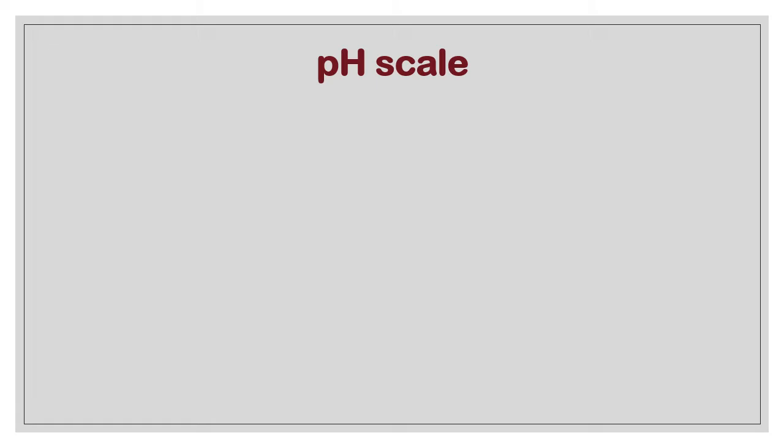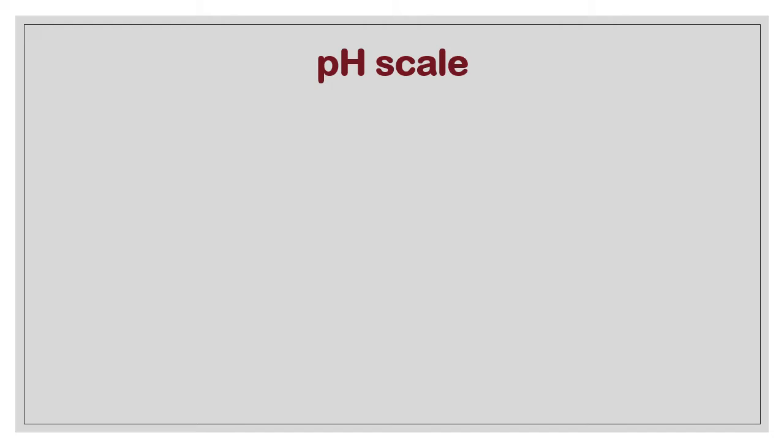Now, today we go to our chapter topic, the strength of an acid and the strength of a base, which is measured on one scale known as the pH scale. To measure something, we use a scale. We also measure temperature using a scale.